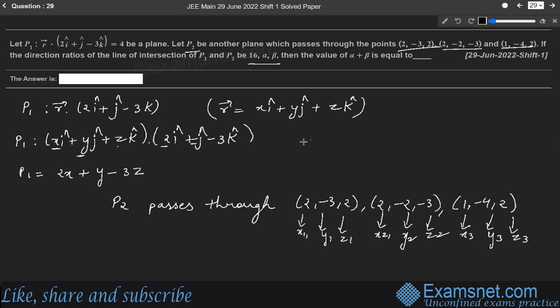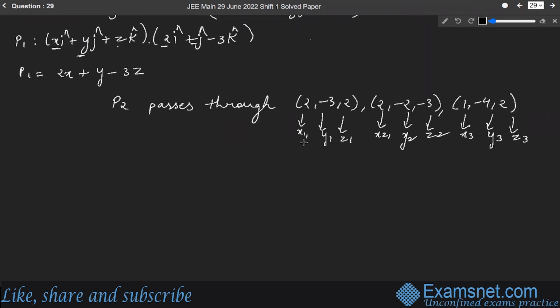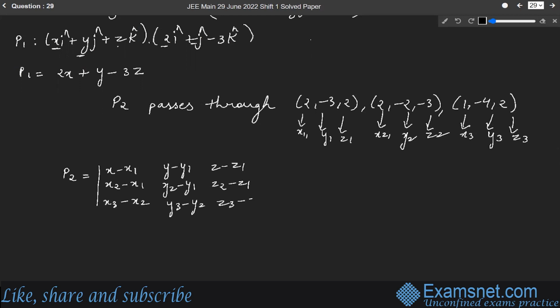So how do we find the equation for a plane in which different points are given? If a plane passes through different points, then the basic formula to find the equation is in the determinant form. Here the plane is P2, so it will be equal to the determinant of the first row x minus x1, y minus y1, z minus z1, then x2 minus x1, y2 minus y1, z2 minus z1, then x3 minus x2, y3 minus y2 and z3 minus z2. This is the basic concept to find the equation of a plane which passes through three different points, and this will be equal to 0.